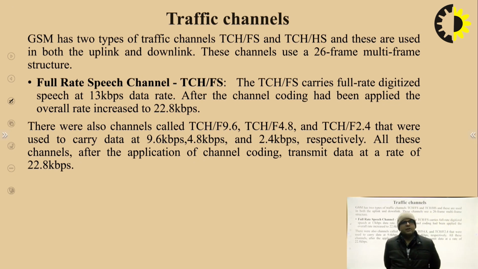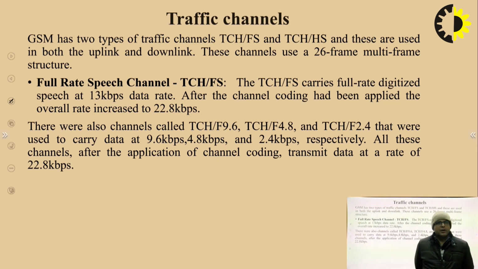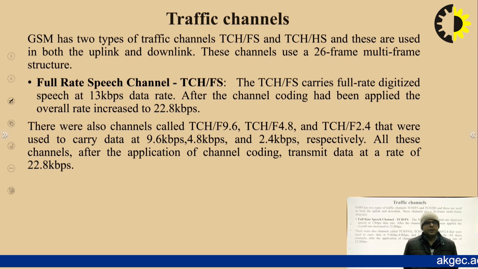Traffic channels carry the traffic which is originated in the GSM architecture. There are two types of traffic channel, TCH full speed and TCH half speed, and these are used in both the uplink and downlink. Full rate speech channel carries digitized speech at 13 kbps data rate.